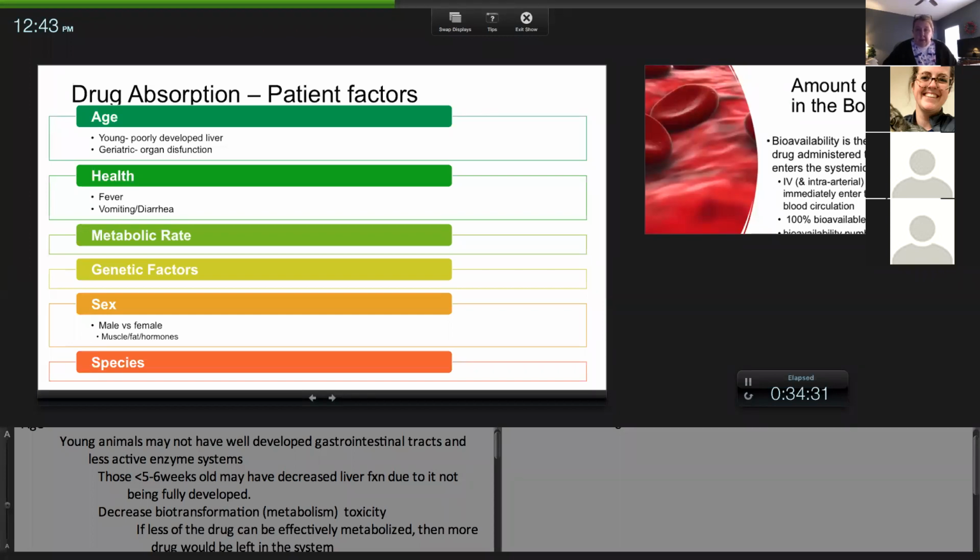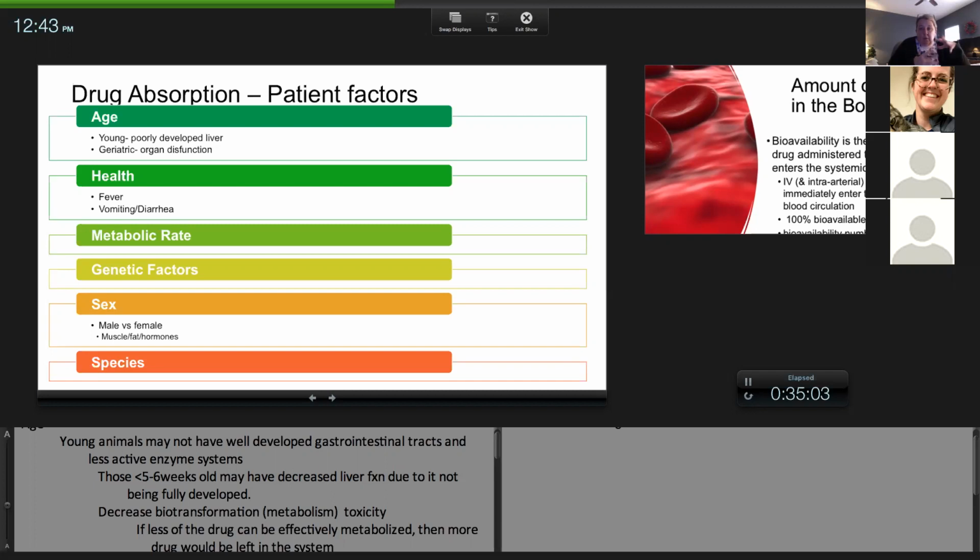When we give anesthetics to a very young patient whose organs are still developing, primarily the liver, we may use different drugs, because we're worried about metabolism of that agent. If they're geriatric, do they have dysfunction? We may choose to alter our dose. Sometimes there's fever, vomiting, diarrhea. If they're vomiting and have diarrhea, do we have dehydration?